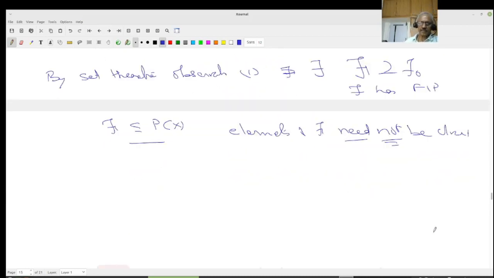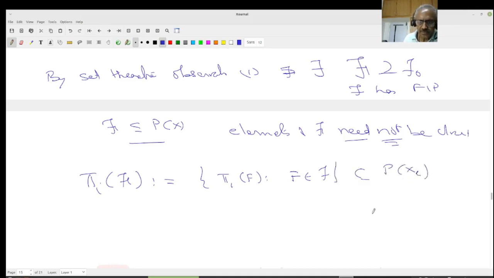The first observation I want to make is we define a collection pi_i of script F. By definition, this is pi_i of F as F varies over script F. So this is a collection of subsets of X_i. I want to claim this has FIP. It need not be closed.